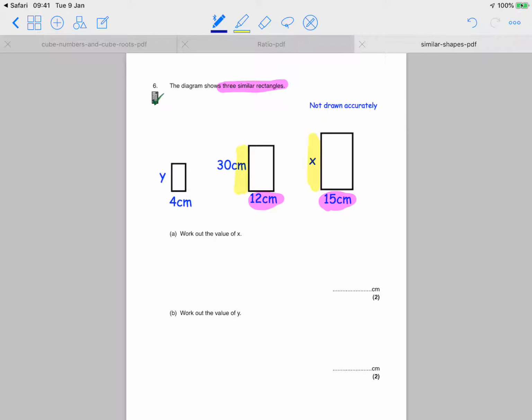So we will need to say 15 divided by 12 is 1.25. So to get from this one to that one, we multiply by 1.25. And if we've got 30, we need to multiply by 1.25 so that we can get x, 37.5.